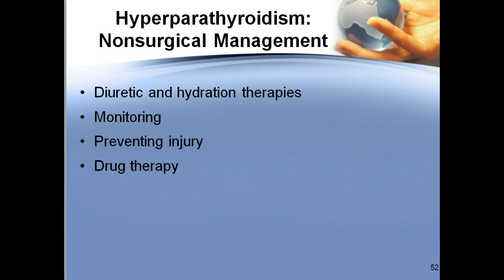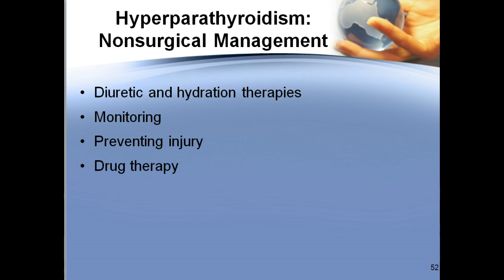So, as far as non-surgical management for a person with hyperparathyroidism, you would have diuretic and hydration therapies because you're trying to reduce the level of calcium in patients who may possibly not be candidates for surgery. This could be done with furosemide.